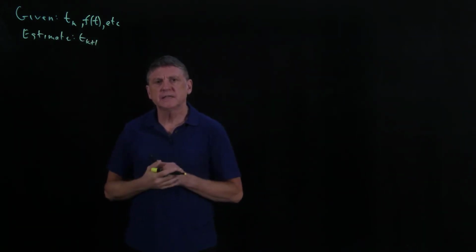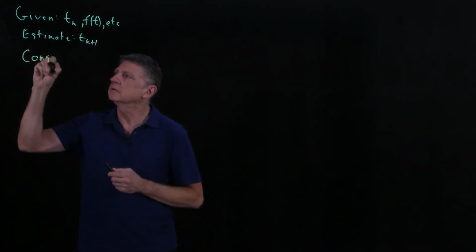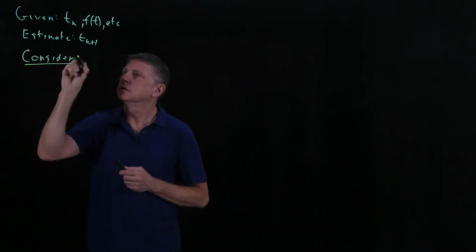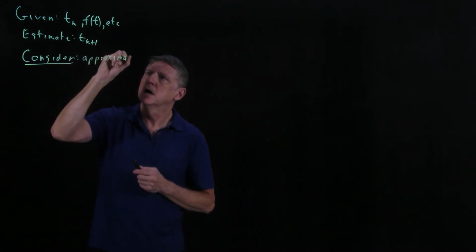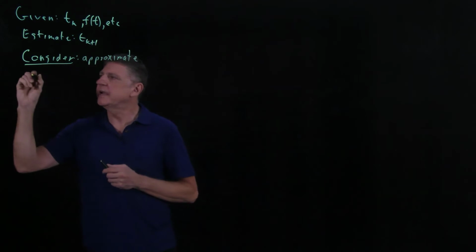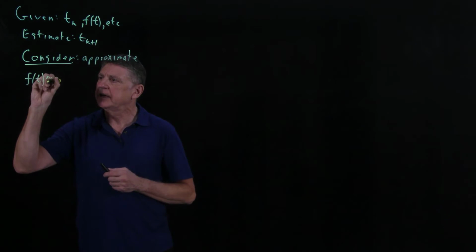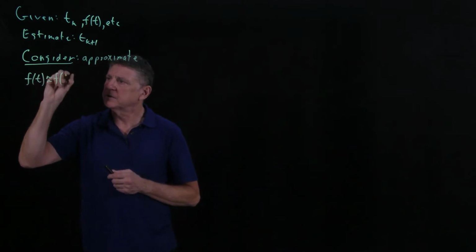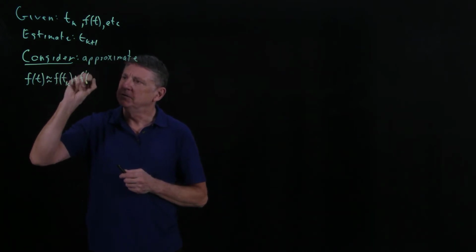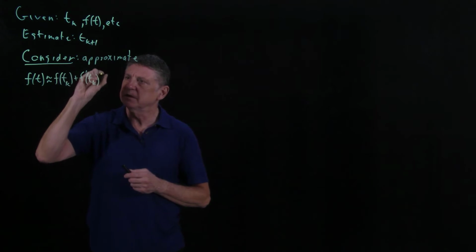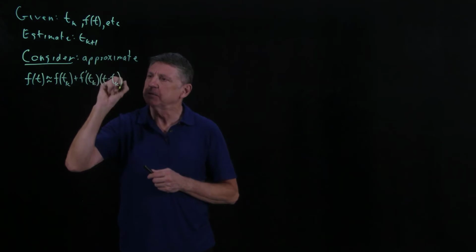To do this, let's consider a truncated Taylor series. We'll approximate using a Taylor series. The function at any scalar argument t is approximately the function expanded around our current estimate, plus the first derivative at the current estimate times the difference between the scalar argument and the expansion point.